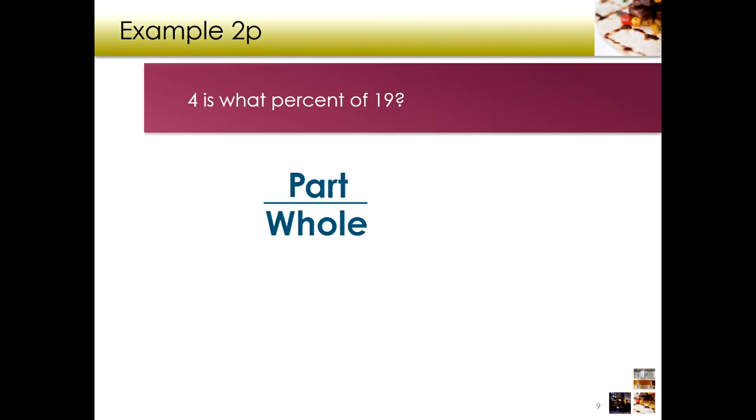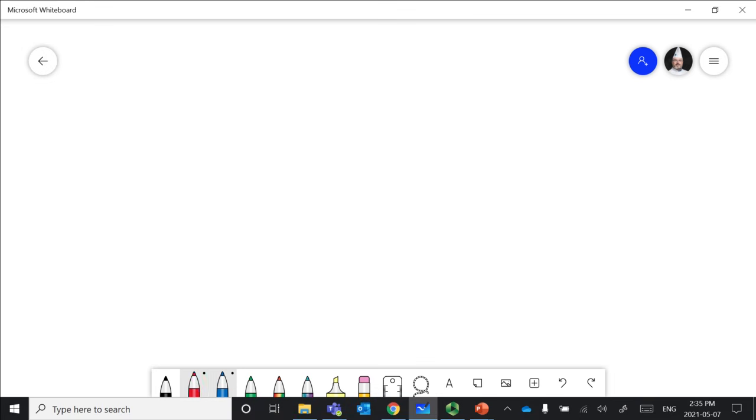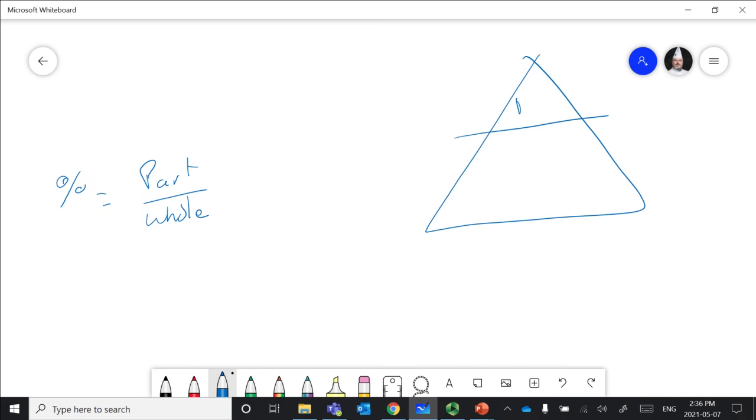So this first example, 4 is what percent of 19? Okay, so we need to decide which is the part and which is the whole, because that's going to give us our percentage. Otherwise, you could look at it as that triangle that I had: part, whole, gives us our percentage.